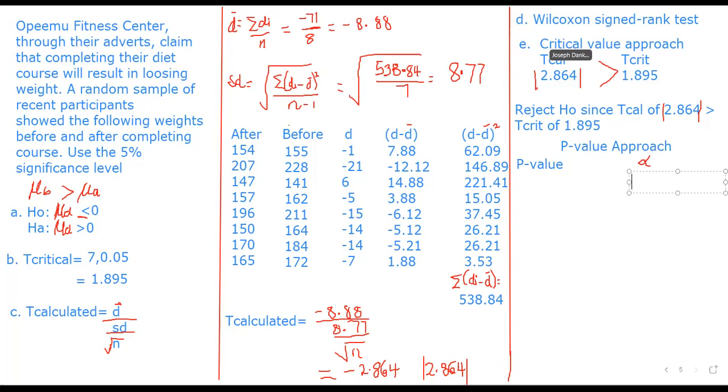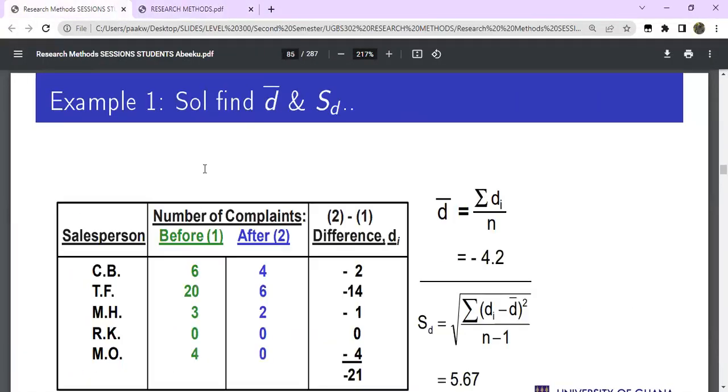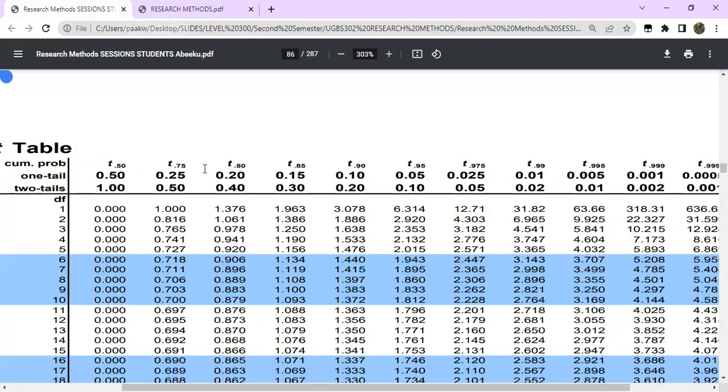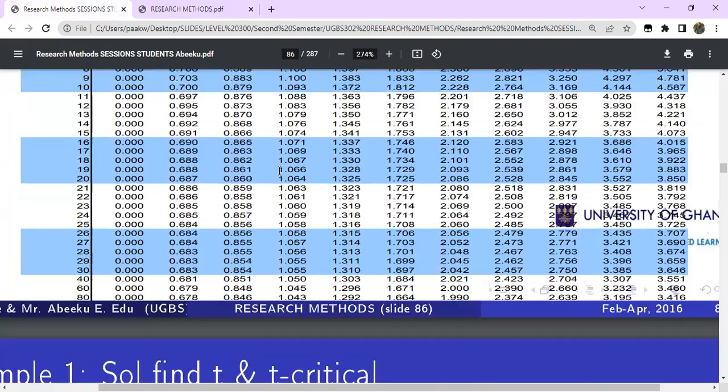For the p-value, we got 2.864, and we take the absolute. So let's search for the probability of 2.86.